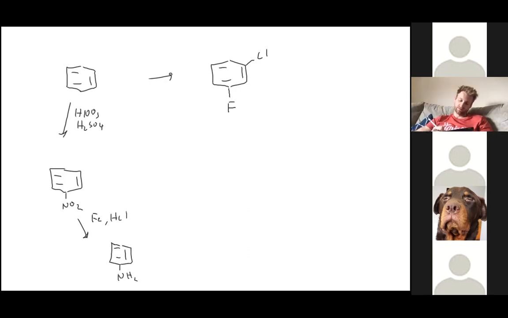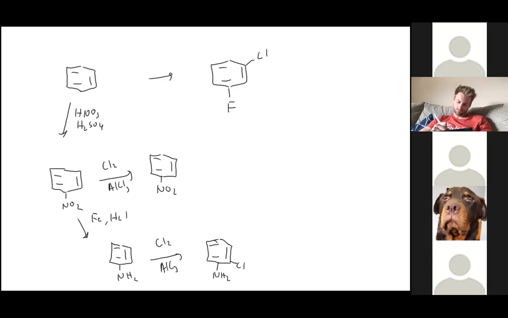And if we tried to add in our Cl2, AlCl3, we'd get a Cl in the wrong position. So we have a meta director here. This is a group 6. And this is going to let us just continue along that fluorination pathway and eventually get to our product.